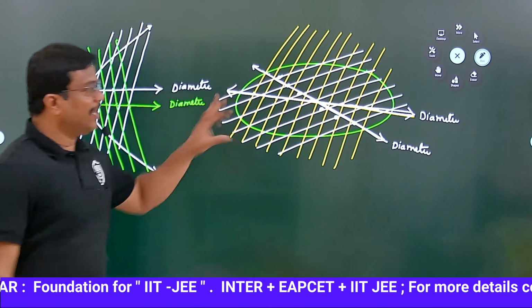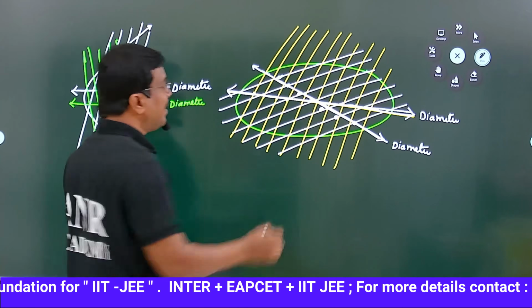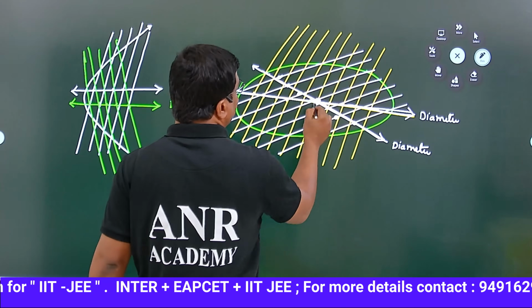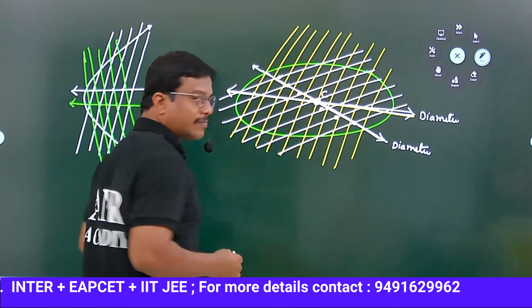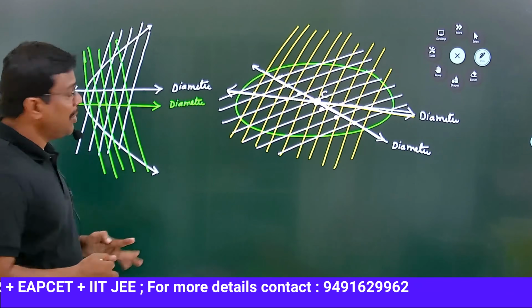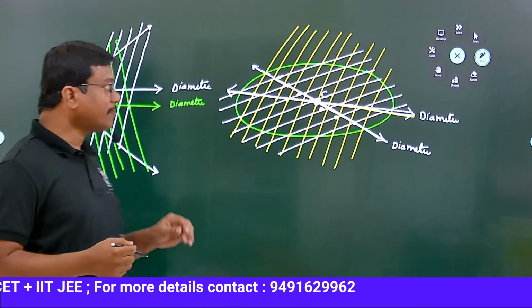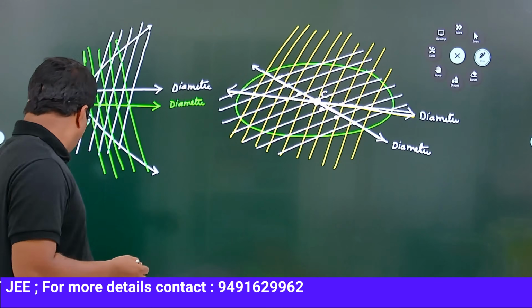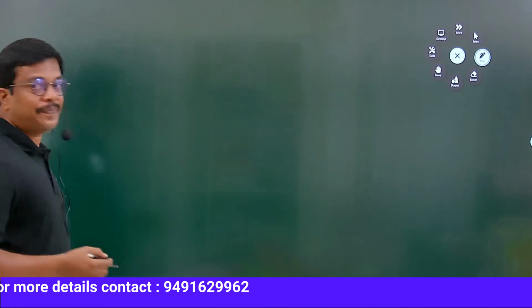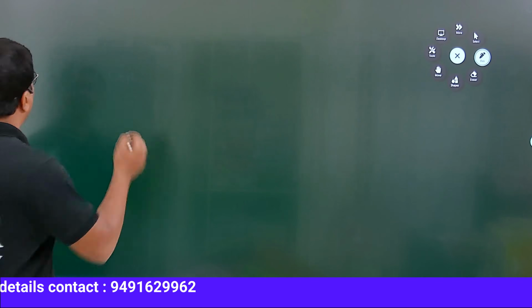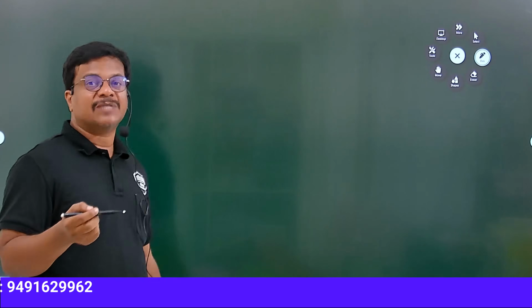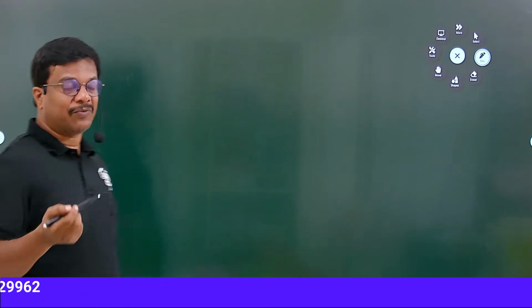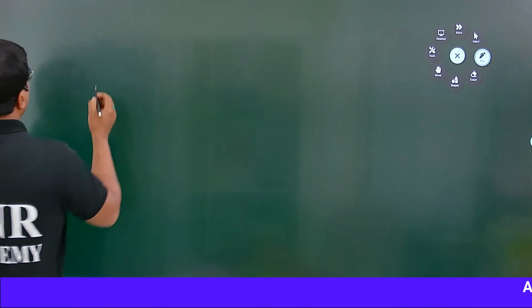Now the point of intersection of diameters, the point of concurrency, is known as center C, right? So using this concept, now I am going to explain why we apply partial derivative with respect to x and partial derivative with respect to y to solve for the center.